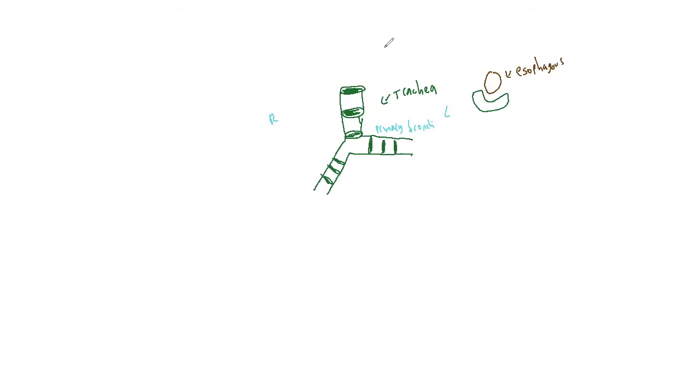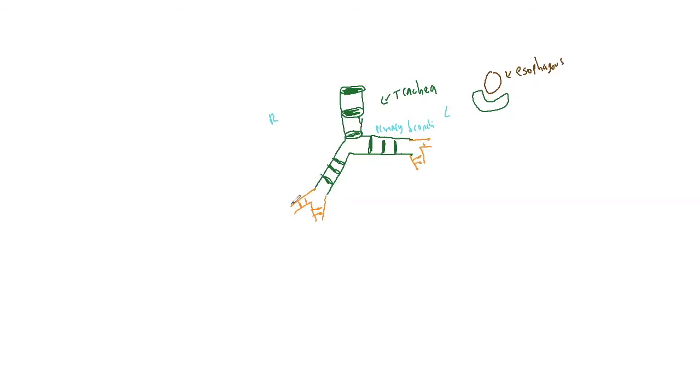And they are going to further separate into secondary bronchi. And we are going to get more and more divisions. So we're going to see that these primary bronchi are going to begin to branch off here like this. We're going to see that these are also going to have some incomplete rings of cartilage.